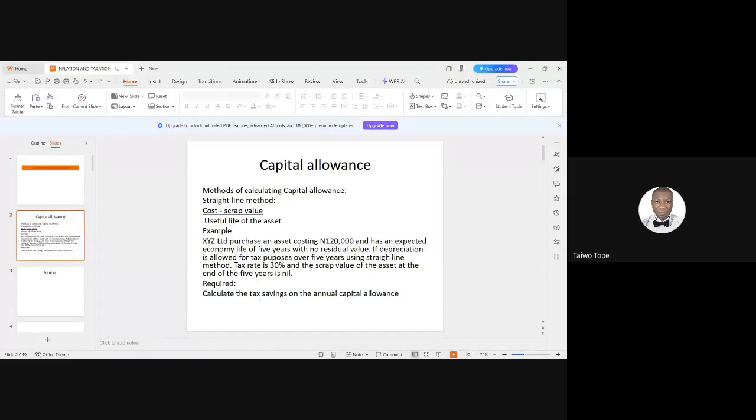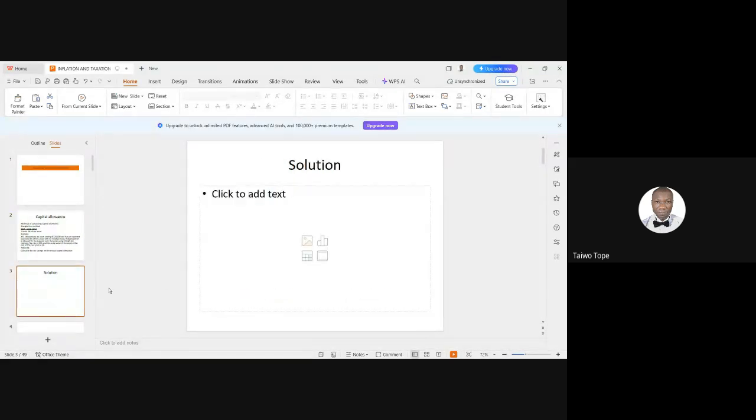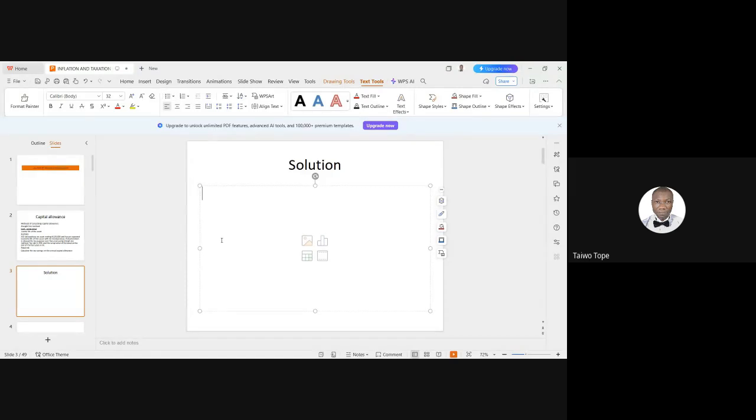Now, looking at this question, what will be our capital allowance using the straight line approach? 24,000, sir. All right. Using the straight line approach, the cost in the question is 120,000, and the scrap value is nil, which is 0.